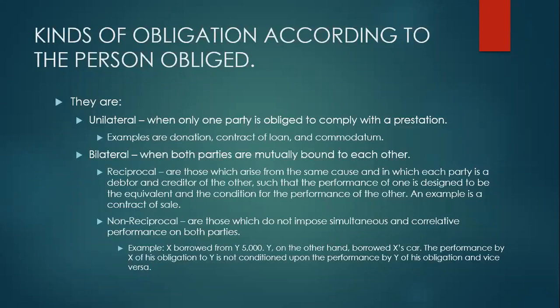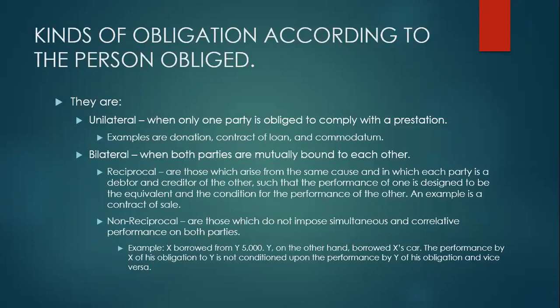When you say bilateral, both parties are mutually bound to each other, meaning to say they are both the creditor and debtor of each other. So we mentioned earlier about reciprocal obligation. Again, reciprocal obligations are those which arise from the same cause and in which each party is a debtor and creditor of the other, such that the performance of one is assumed to be the equivalent and the condition for the performance of the other.